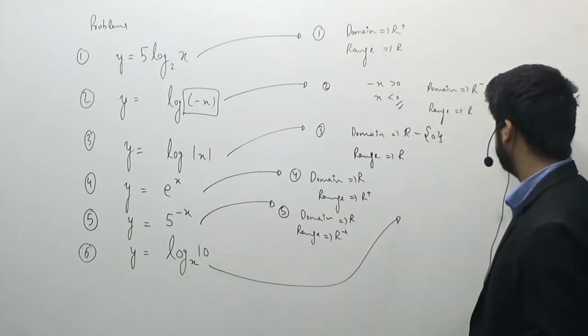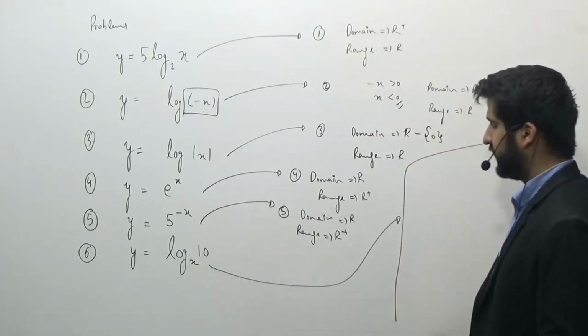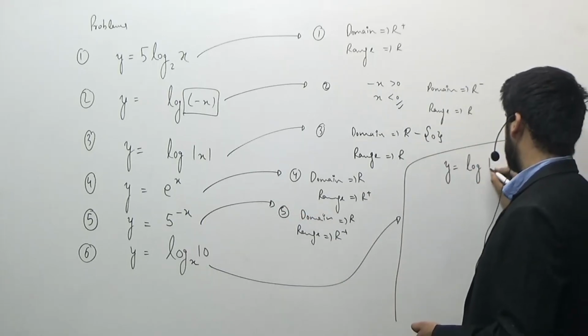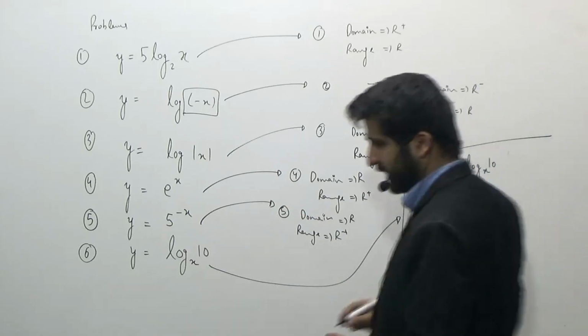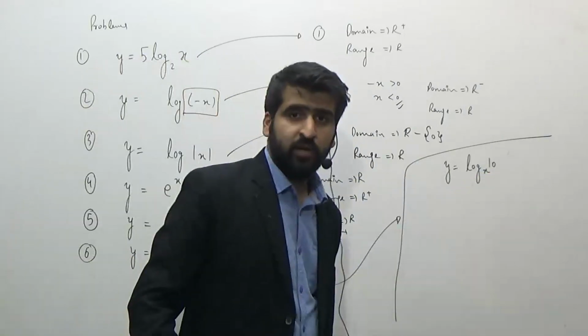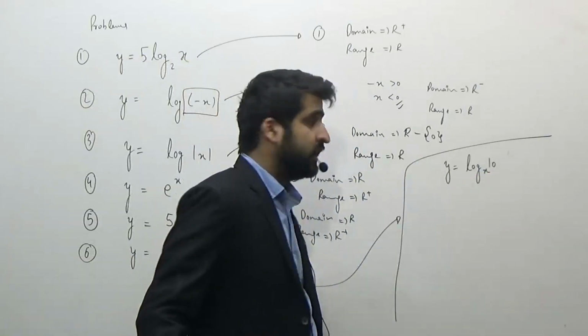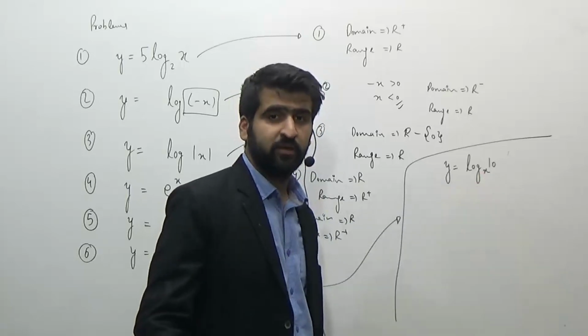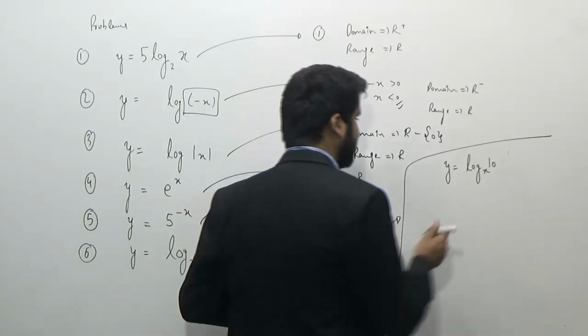Now see the last part. Let's see the last part. y is equal to log 10 to the base x. Now see in this part, the variable is coming in the base. If the variable is in the base, we have to see what the restrictions on the base are.